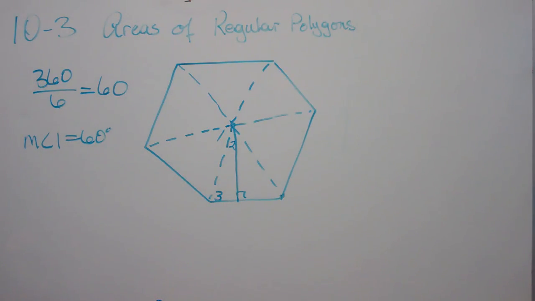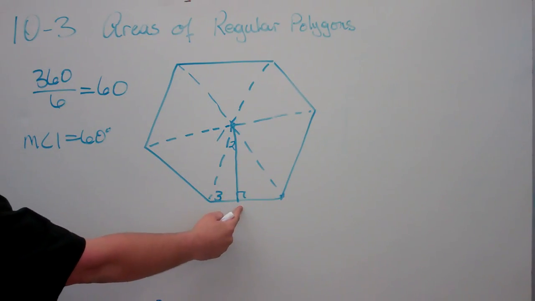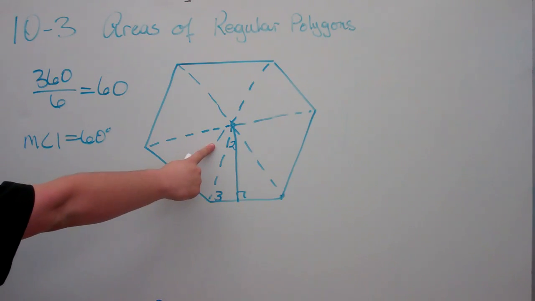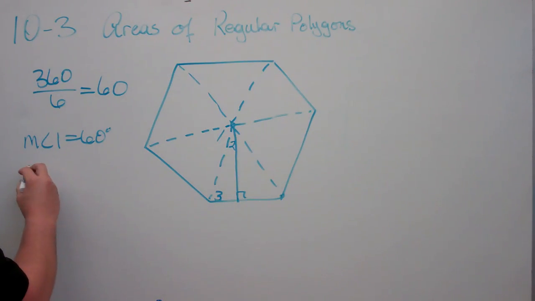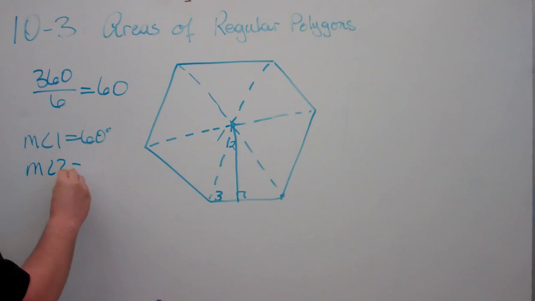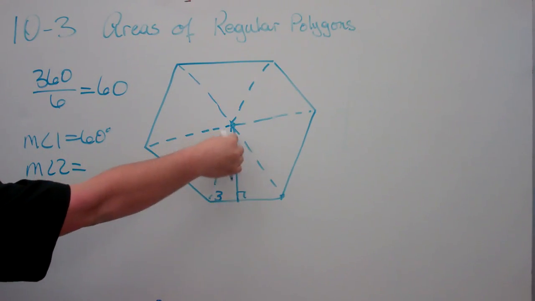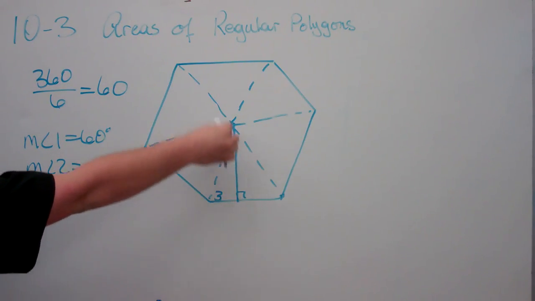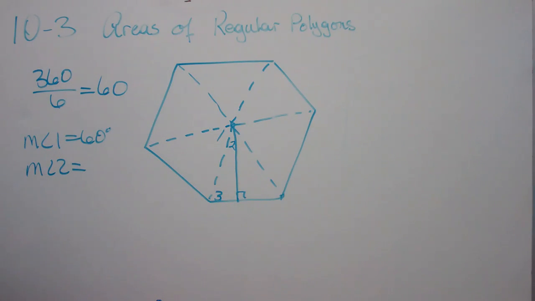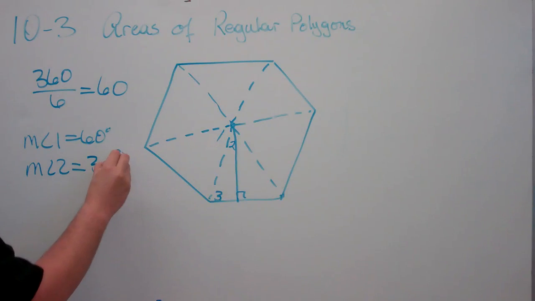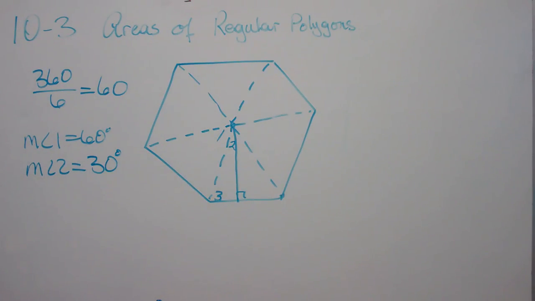Now, your apothem bisects this angle. Since the measure of angle 1 is 60, and the apothem, which is this solid blue line running vertically, bisects this angle, the measure of angle 2 is 30 degrees. Measure of angle 2 is 30 degrees.